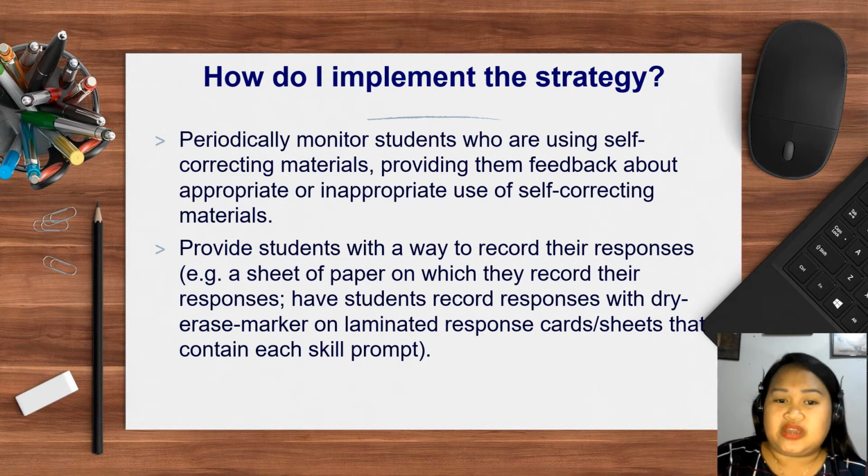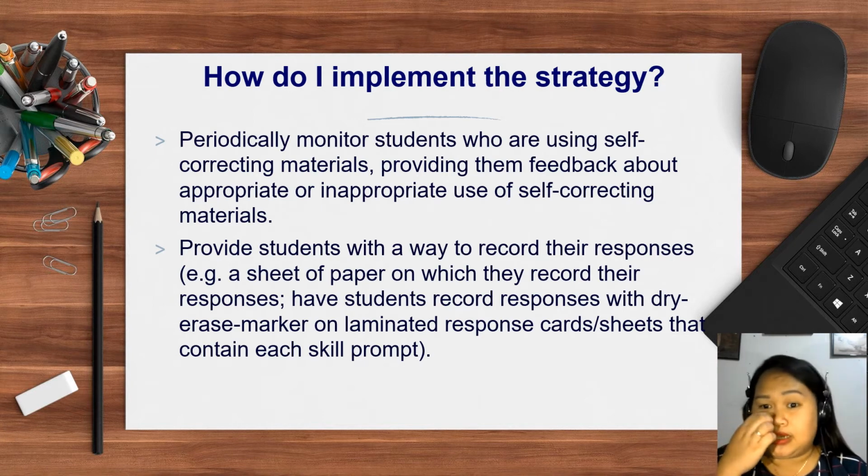Another is to provide students with a way to record their responses. Example, a sheet of paper on which they record the responses. So have the learner record responses with a dry erase marker on laminated response cards.